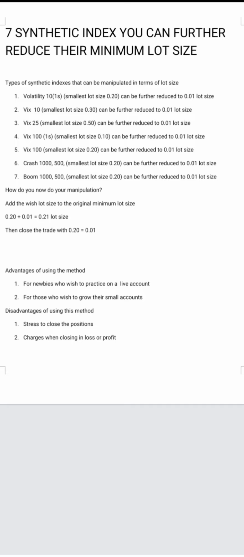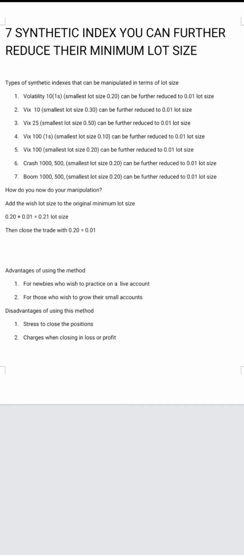When they reduce their lot size, like trading on 0.01, and they have like a $20 account to practice their strategy on live, whatever trade they are going to be trading, let's say they open 2 to 3 positions with this type of lot size, if their trade goes into loss and hits their SL, it's not going to be more than maybe $5. They're not going to be losing more than $5, or $5 is even much. Let's say $2 on one account. They can be losing like $1 on one position, rather.